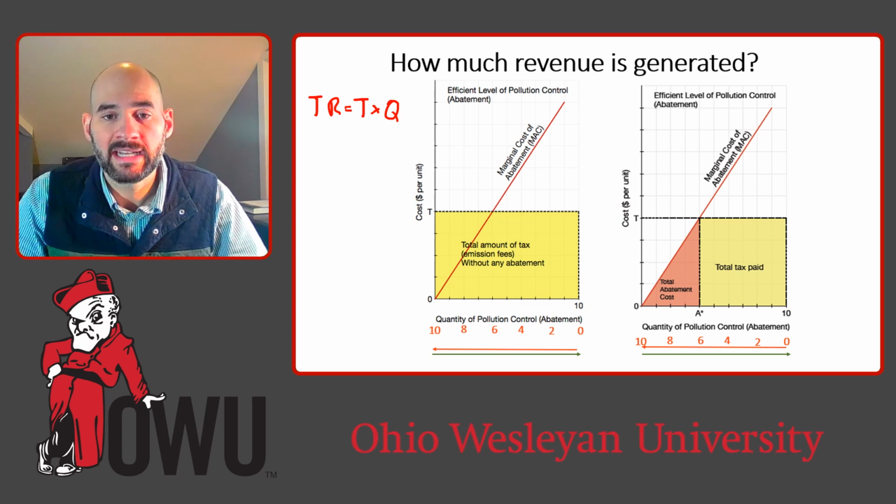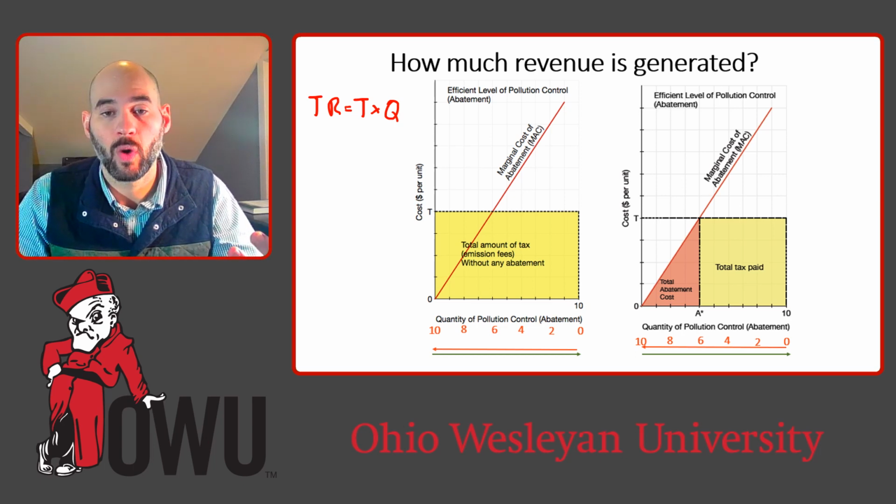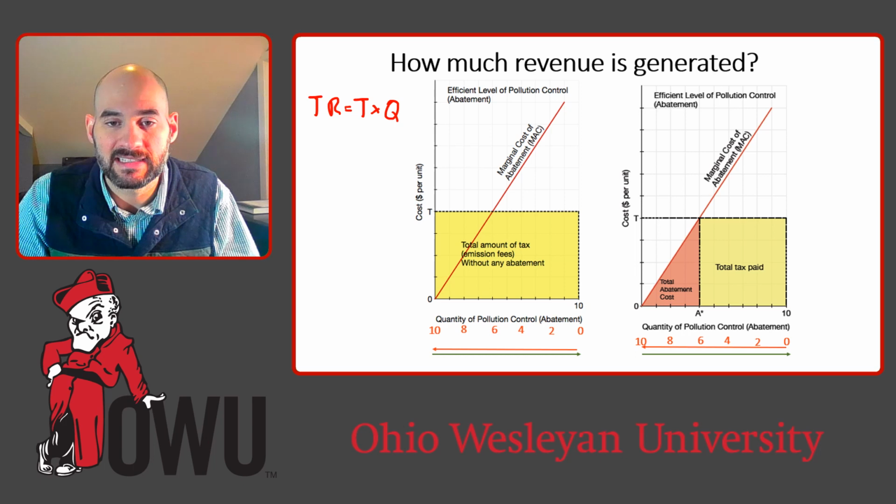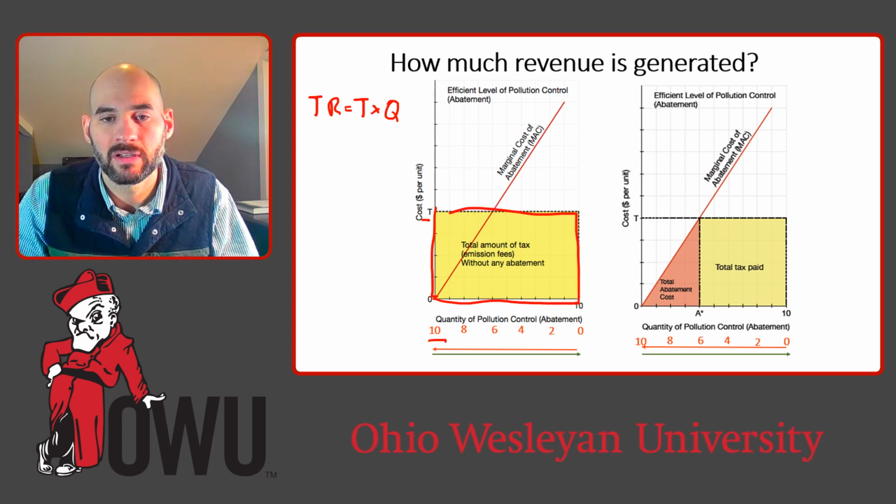And so when there is no abatement and we just have a tax on the amount of pollution and there's a full quantity of pollution, then we're collecting tax value T on all 10 units of pollution. So from 0 units of pollution all the way to 10 units of pollution, we're collecting this full value in tax revenue.